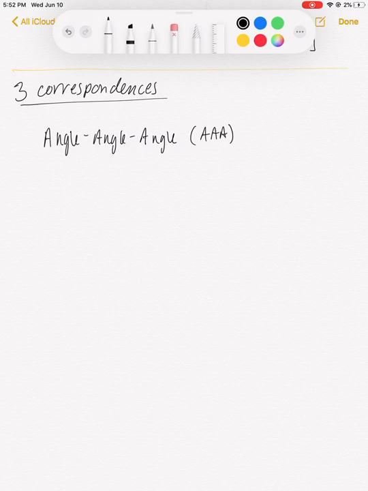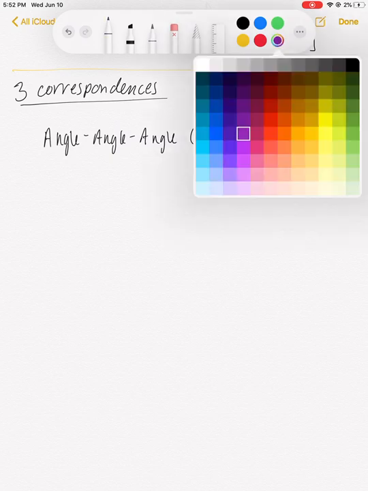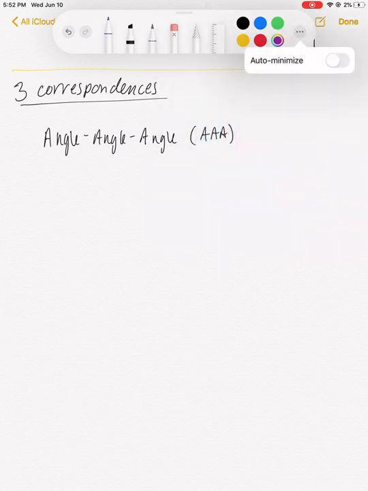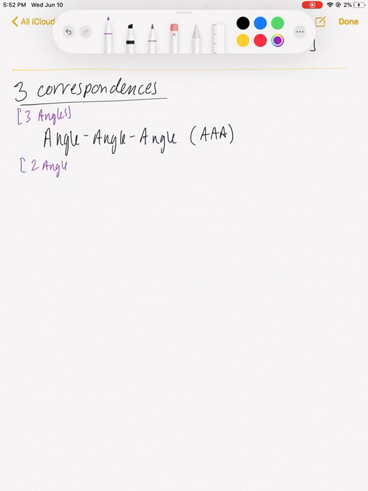So what are the other variations of three correspondences that we can have? Well, we have three angles here. Okay, so we can have three angles equal to each other. We can also have two angles set equal to each other and one side.